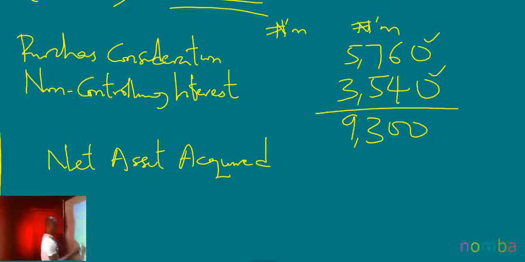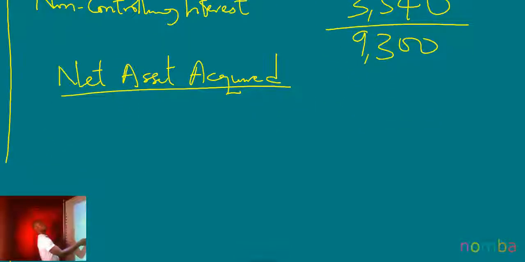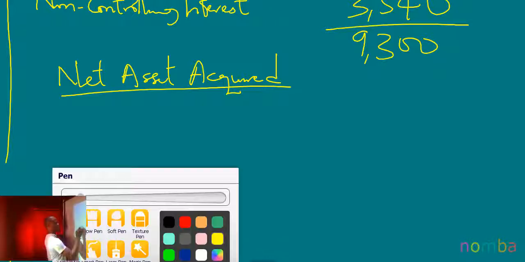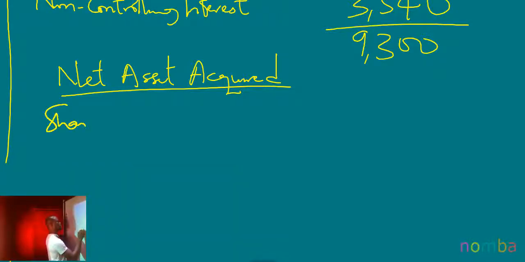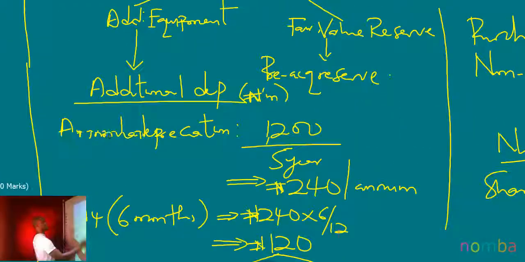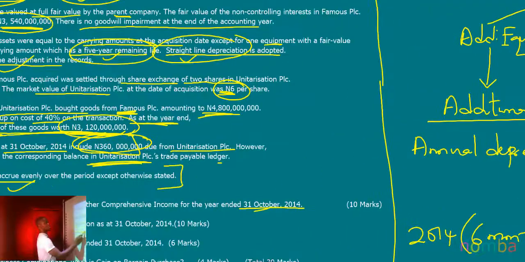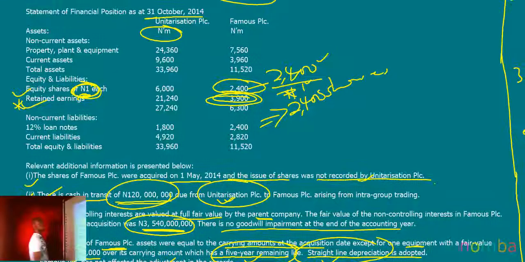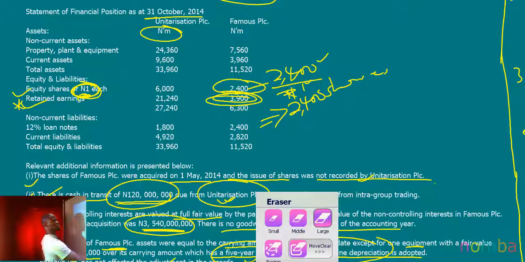This net asset acquired is the share capital of the subsidiary and the reserves of the subsidiary. So I will have here the share capital of the subsidiary, and from the question, we can easily determine it from the statement of financial position of the subsidiary.